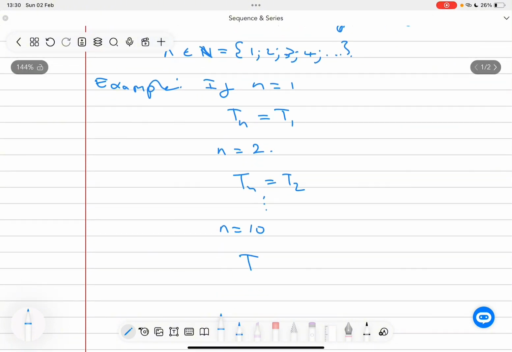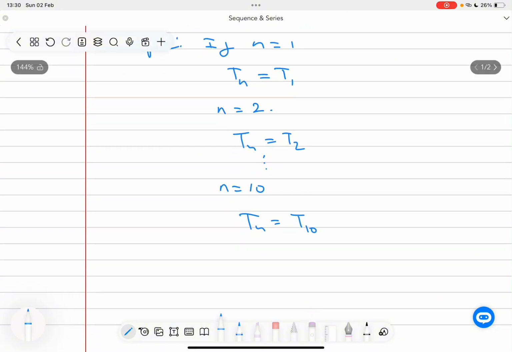Now, this means I'm going to have Tn is equal to T10 because now I'm replacing the n with a 10. You know, I can continue doing this maybe up until some point where I say n is equal to 100, so that now I have Tn is equal to T100. Again, I'm just replacing the n here with 100 because I'm saying n is equal to 100.